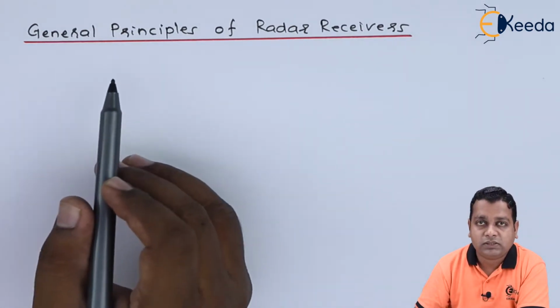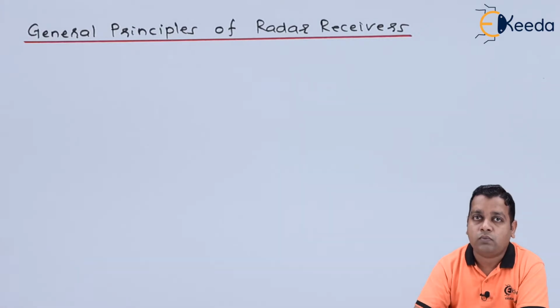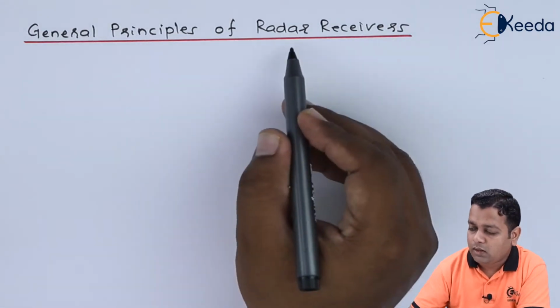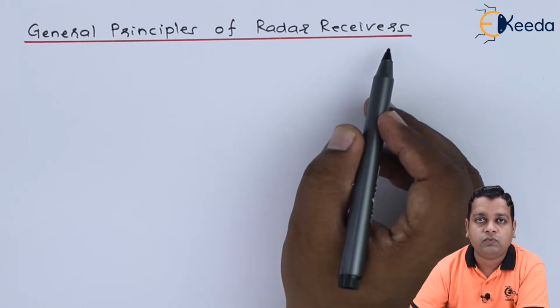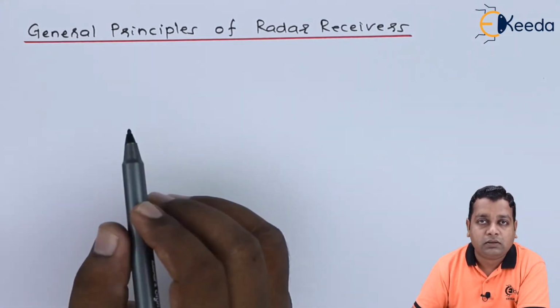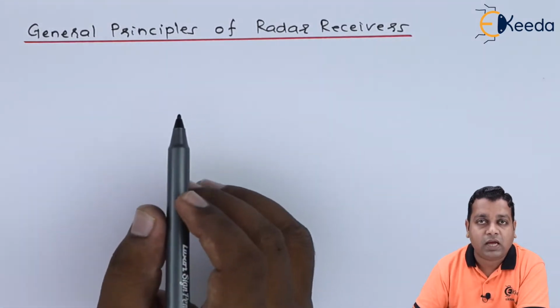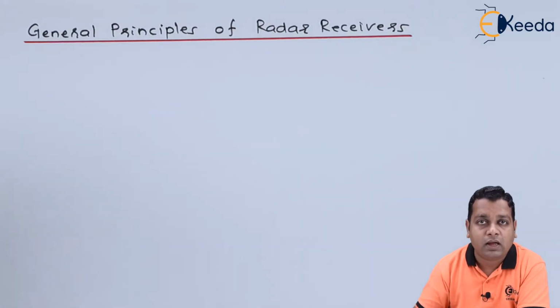In the previous lecture, we have gone through the detailed block diagram with respect to the pulse radar system operation. There we have shown you the transmitter section, having the modulators and the output tube, which is basically the microwave tube generating the microwave signal.